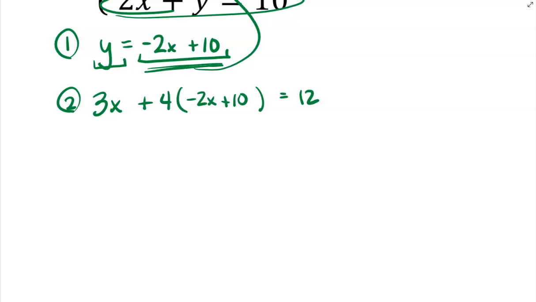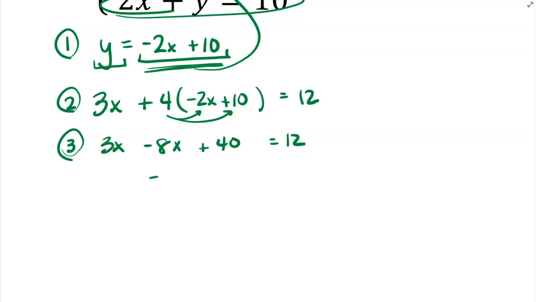So now the rest of step 2 and even step 3 kind of go together here. Our job is to simplify this side of the equation and solve for x. So it looks to me like this 3x we'll leave alone for a moment. This 4, when we distribute it in, I think is going to become a minus 8x. And then we have a plus 40 equals 12.